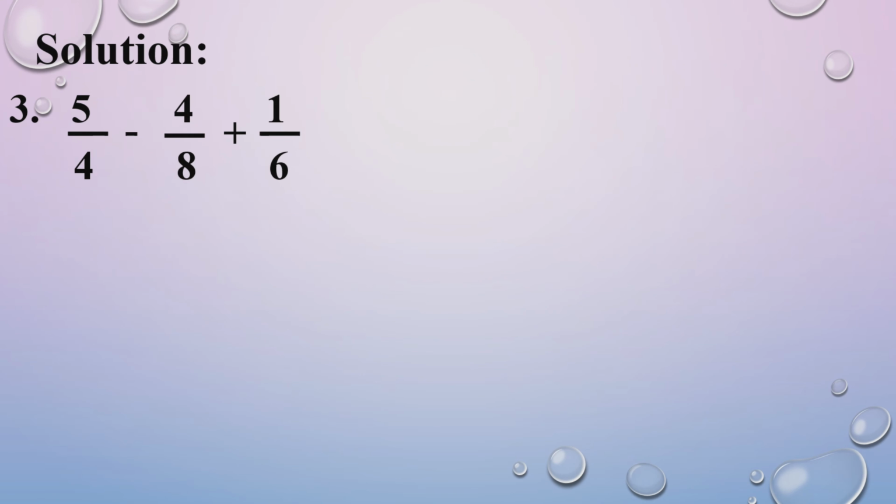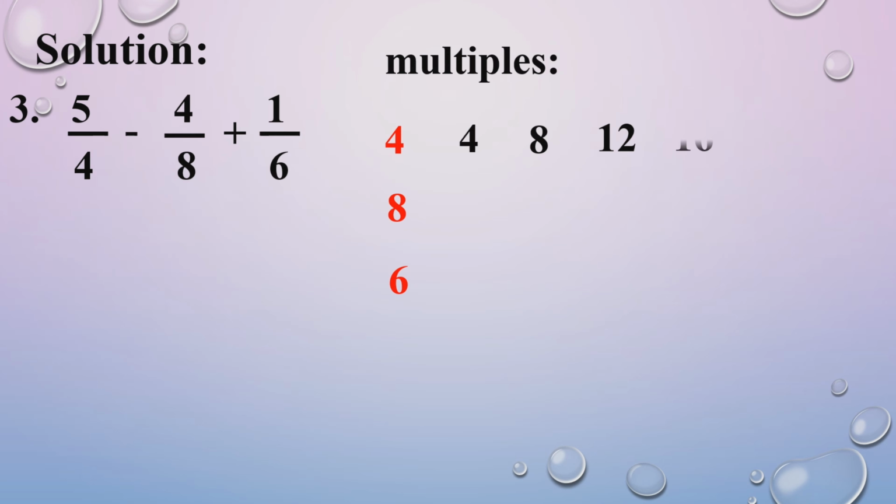Let us solve now number 3. We have 5 over 4 minus 4 over 8 plus 1 over 6. Let's first have the multiples of 4, 8, and 6. The multiples of 4 are 4, 8, 12, 16, 20, and 24.